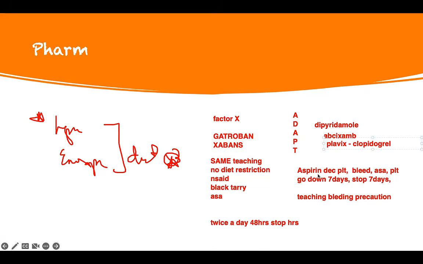It does the same thing as aspirin, but with a different mechanism, the same precaution, the same teaching that you give to the patient. And the other one is Ticlid, like you see. So if you see an answer choice and it doesn't follow ADAPT, that's one of the antiplatelets we're talking about.